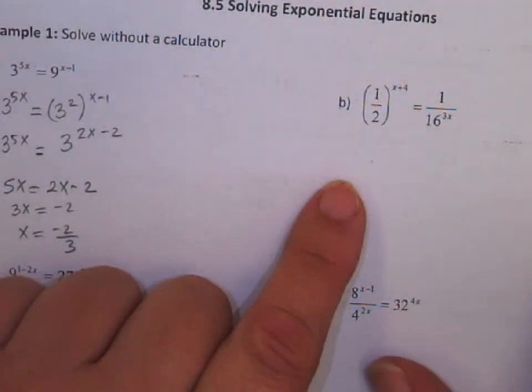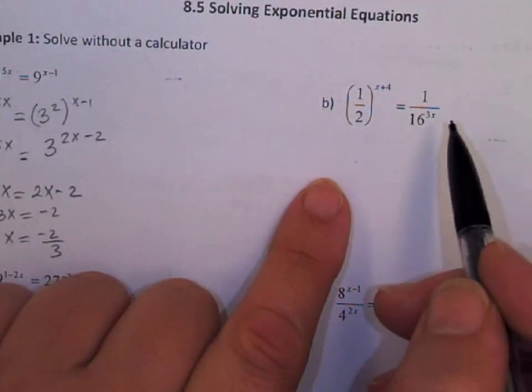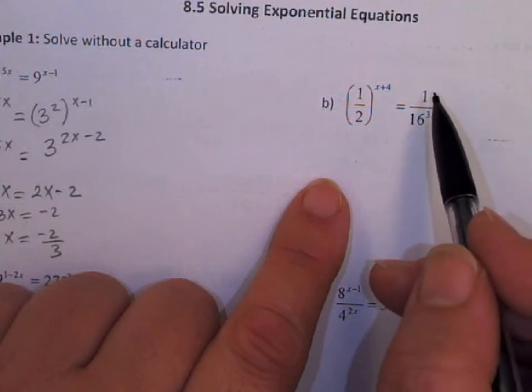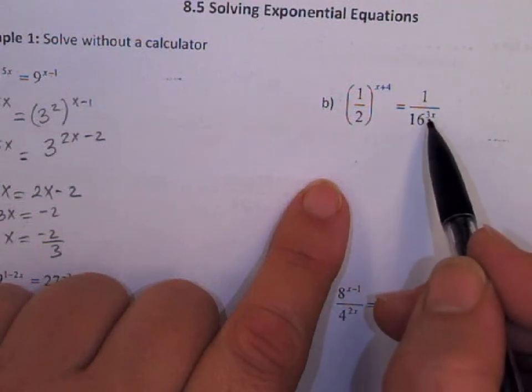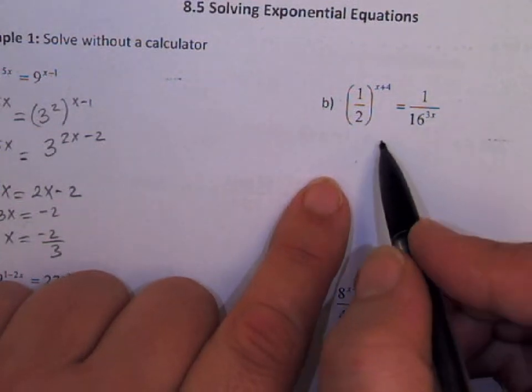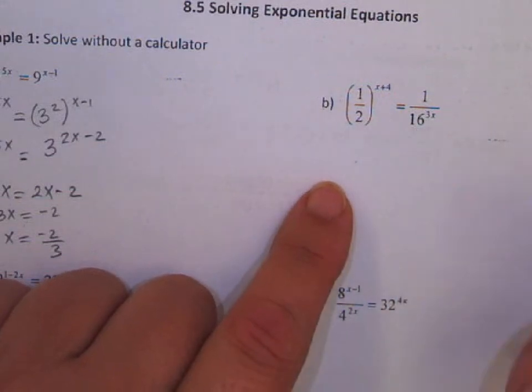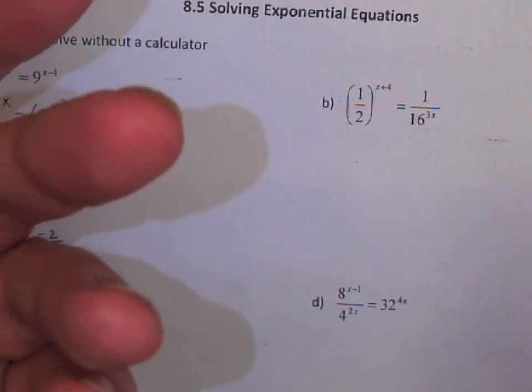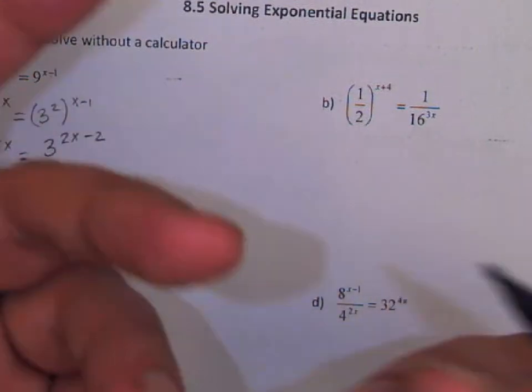Okay, let's look at the next example. So we have (1 over 2) to the power of x plus 4 equals (1 over 16) to the power of 3x. So you can do two things. You can either write both sides with base 1 over 2 or with base 2.